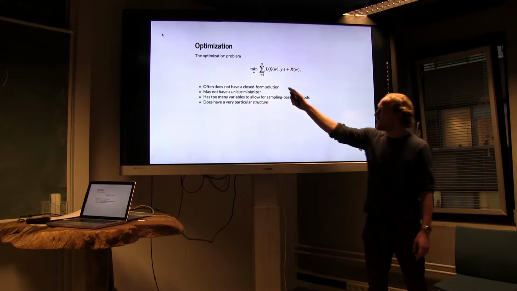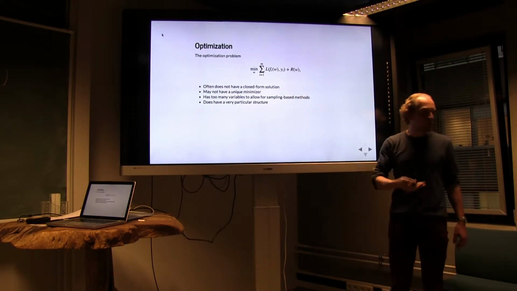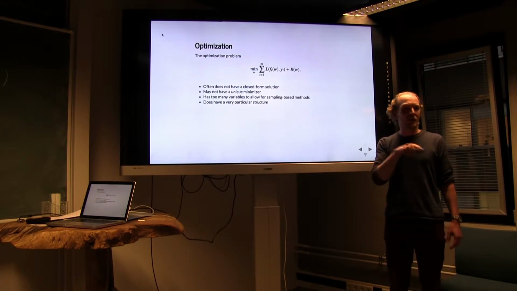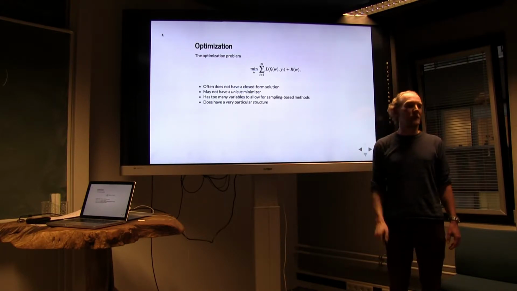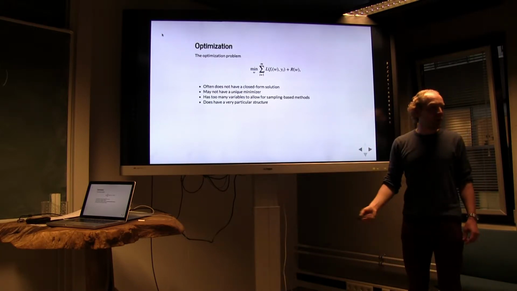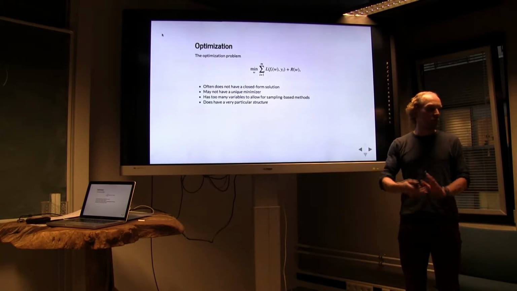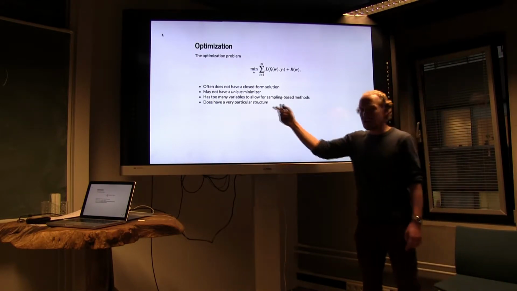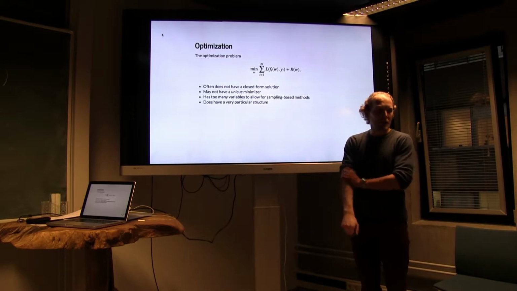If W was only 2 unknowns, I could just plot the function, make a nice graph of what it looks like as a function of 2 variables, and say there is the minimizer. But typically there are too many variables, hundreds or thousands of them. If you have very deep neural networks with many variables, you can't do anything reasonable with sampling.